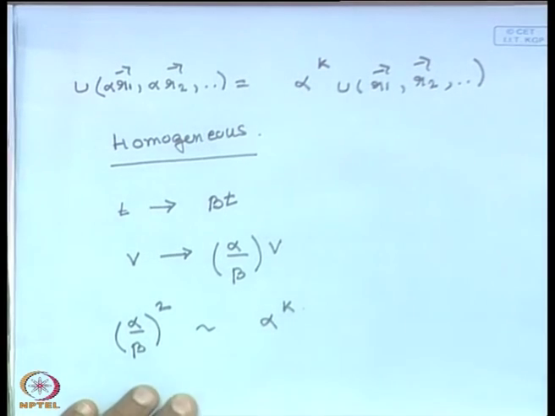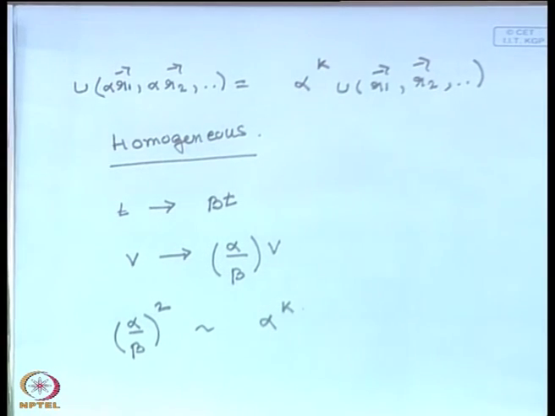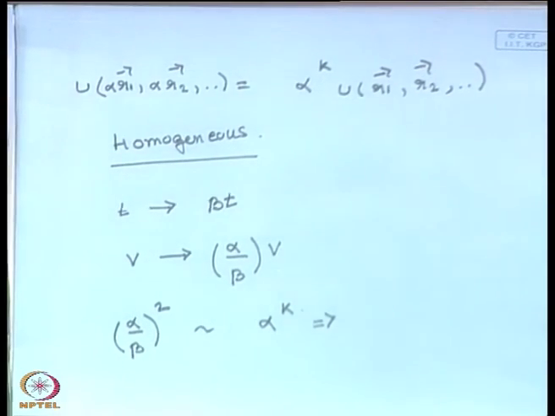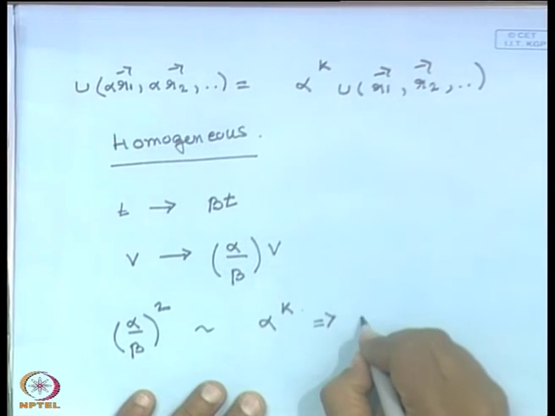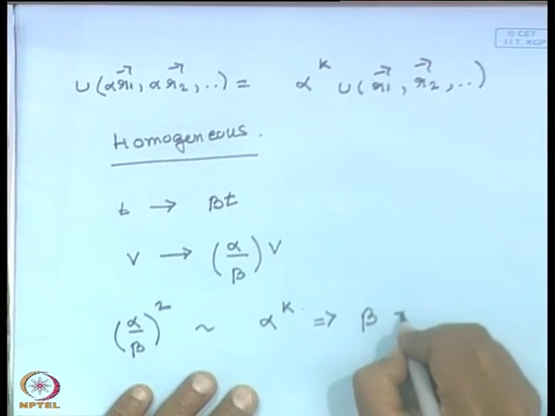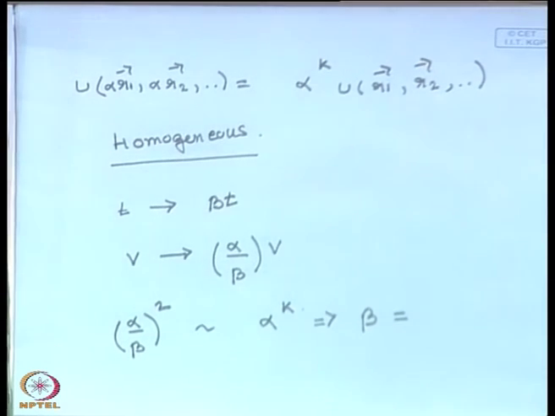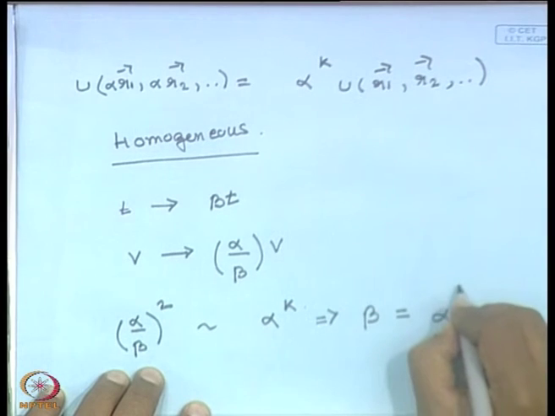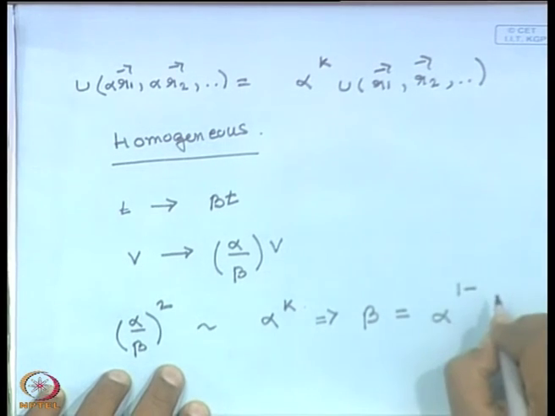Okay, this should be the same as alpha to the power of k, which implies that beta is equal to, how much is beta? Beta should be equal to alpha to the power of 1 minus k by 2.